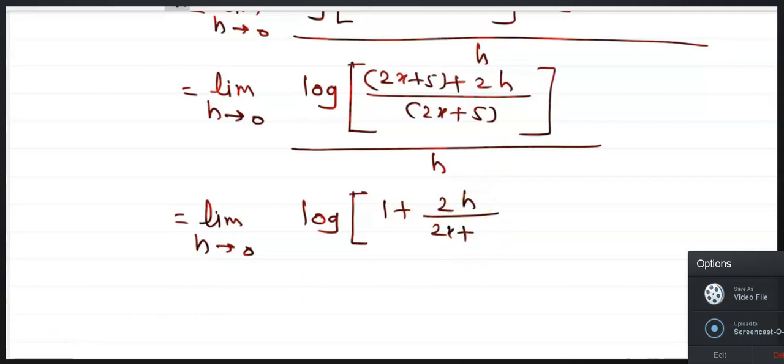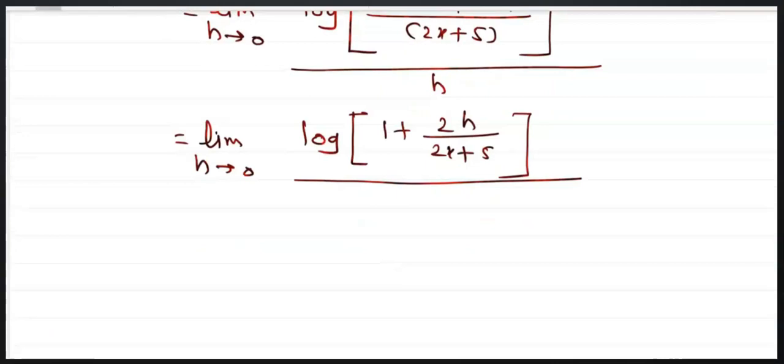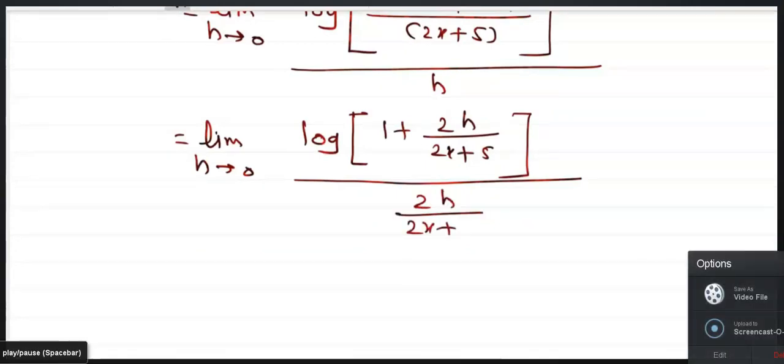upon h. Now what is our basic formula? That is, limit x tends to 0, log of 1 plus x upon x is 1. But here it is log of 1 plus 2h upon 2x plus 5, upon 2h upon 2x plus 5.